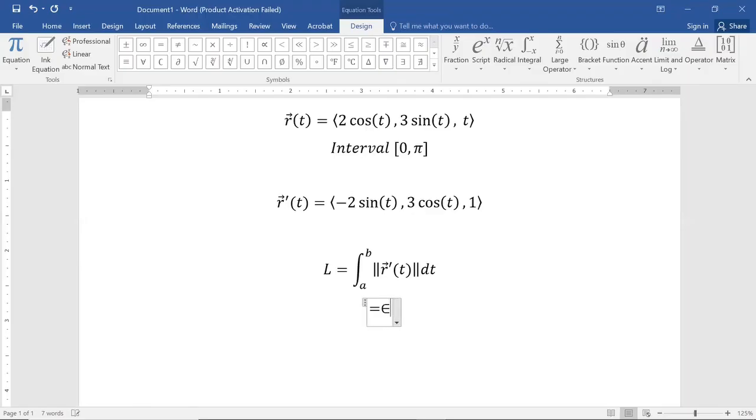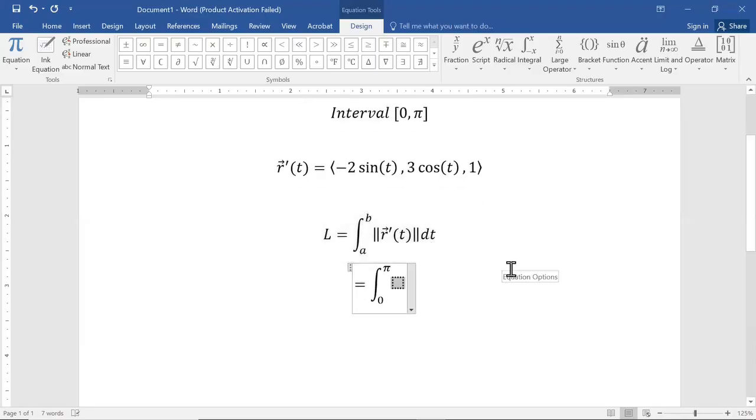Now, when you integrate, I'm going to integrate the magnitude of the derivative. So remember how to do the magnitude of the derivative. We're going to take the square root of the x component squared.